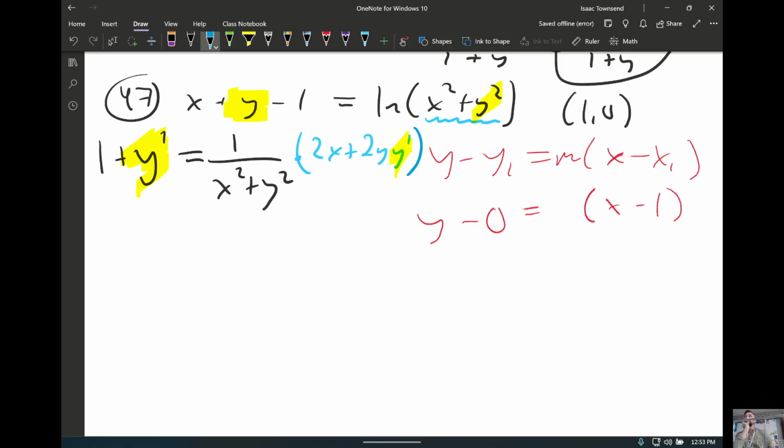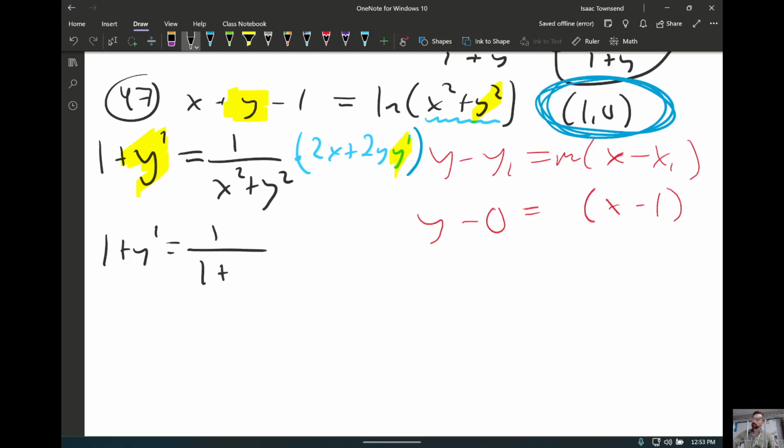Now, you can simplify this if you want to. You can solve this all the way down for y prime, but this is one of the few times you don't really need to, because you really only care about the slope at this time. So personally, I would just plug in a 1 everywhere there's an x, a 0 everywhere there's a y. Just make sure you realize that y and y prime are two different things.